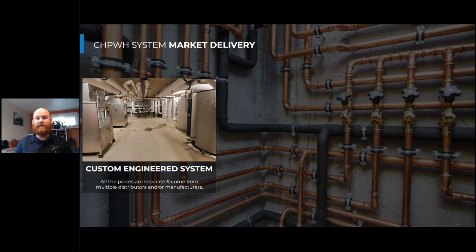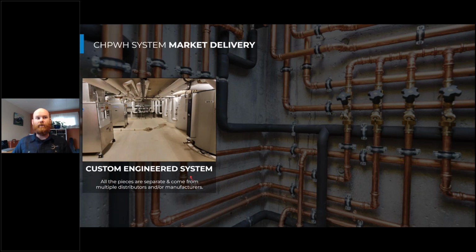That works for some of us that have those skills and know what resources we need to pull from to make that happen. But it might be one of the more expensive ways to get these systems delivered into our market.